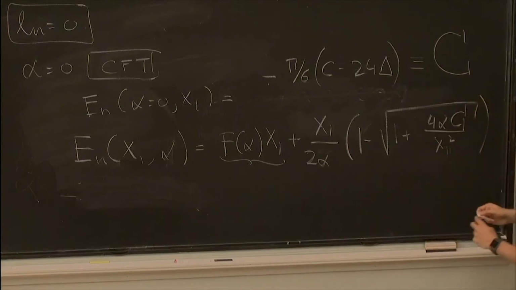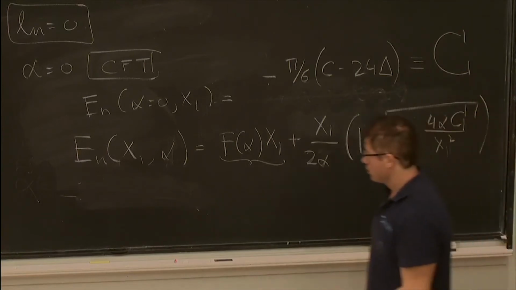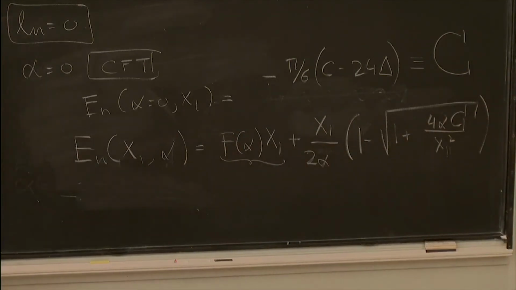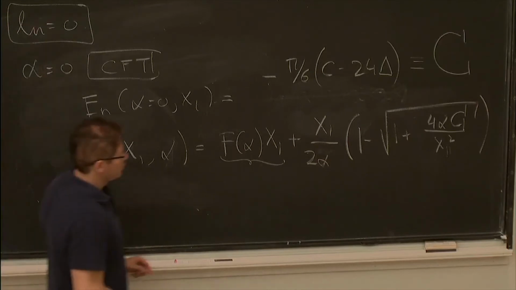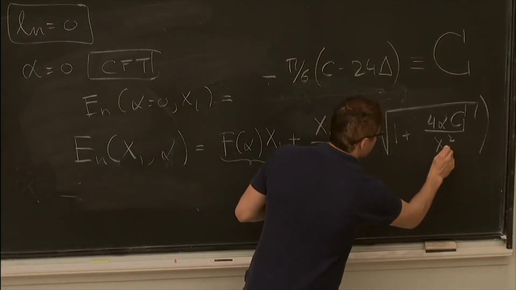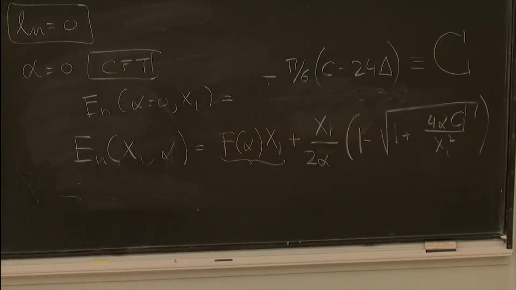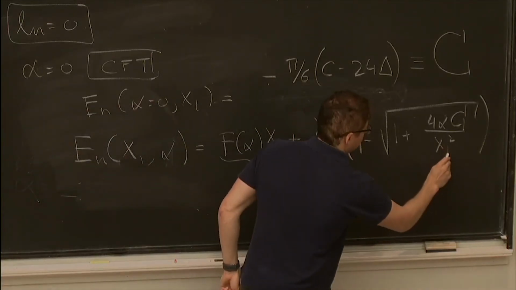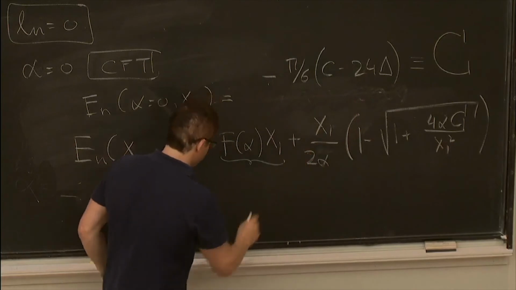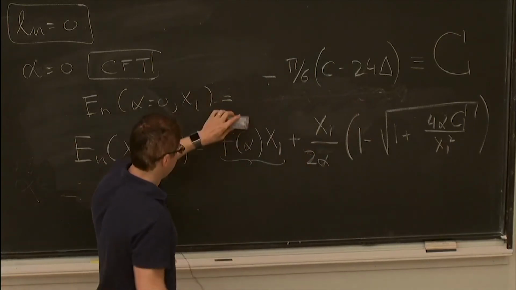Sorry, can I ask why it is a function of alpha? I mean, by dimensional analysis, alpha has dimension. Yes, you're right. When I wrote this equation at home, I also accounted for a possible tree-level cosmological constant that you just can't control. Therefore, this appeared. But let's just erase that.